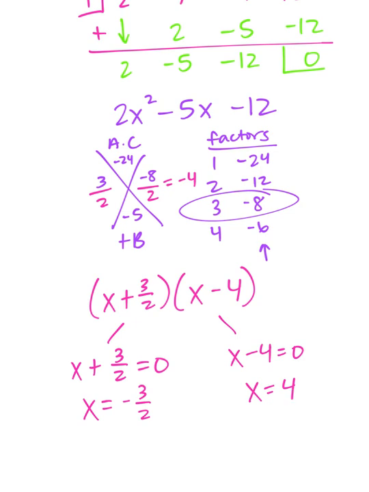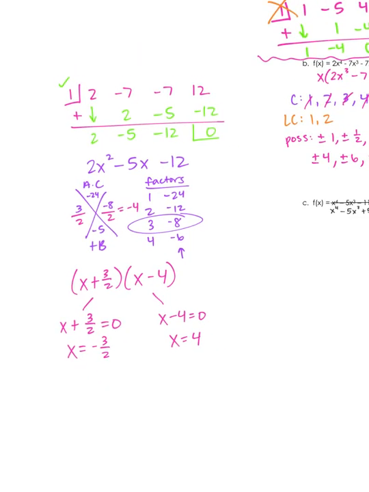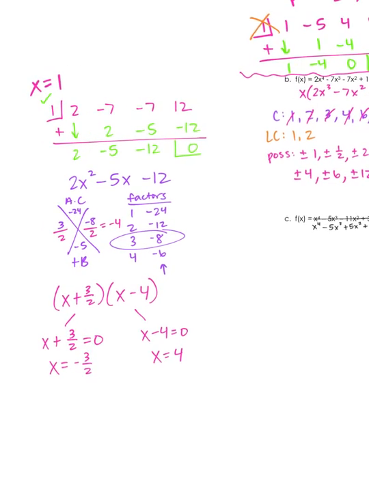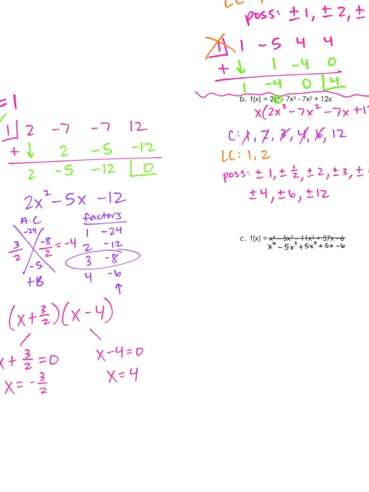So kind of going back to the beginning, I've got x equals 1, x equals -3 halves, and x equals 4. But remember, my fundamental theorem of algebra told me that whatever this exponent is how many solutions I have to have. So going all the way back to the beginning, I took that x out first as my greatest common factor.